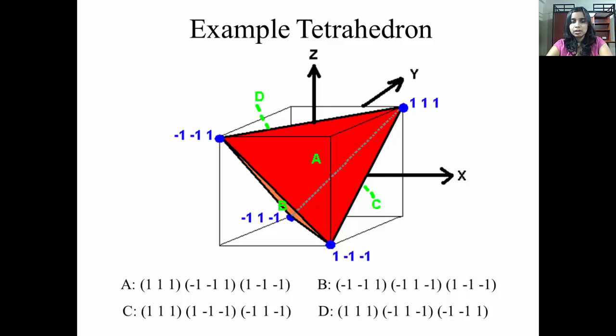Similarly for B triangle, the vertices are minus 1, minus 1, 1; then minus 1, 1, minus 1; and 1, minus 1, minus 1. Similarly for C and D, the vertices should be taken. All these vertices should follow the anti-clockwise direction.